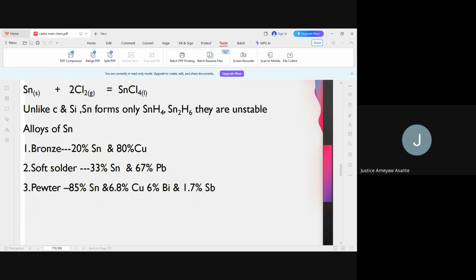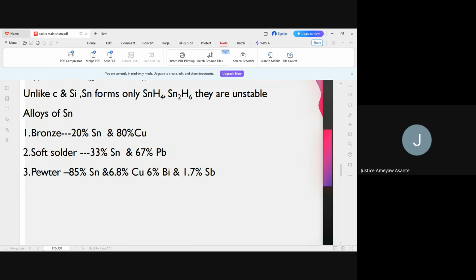Unlike carbon and silicon, tin forms only SnH4; the others, Sn2H6 and so on, are unstable. So you can't form those. Alloys of tin: in bronze, tin is 20%.